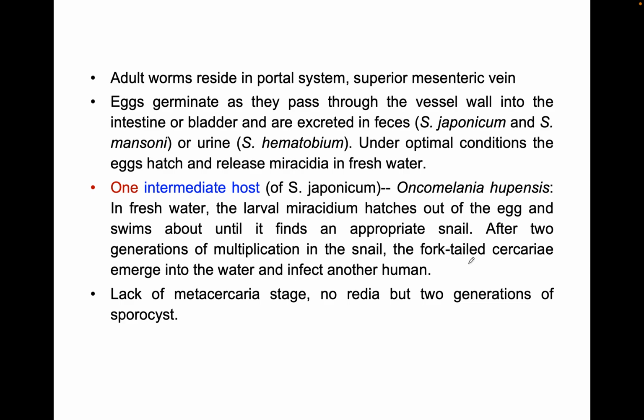For Japonicum, there's only one intermediate host, which is Oncomelania, and they can be found in fresh water. The larva miracidium hatches out of the egg and swims about until it finds the appropriate intermediate host, this freshwater snail.